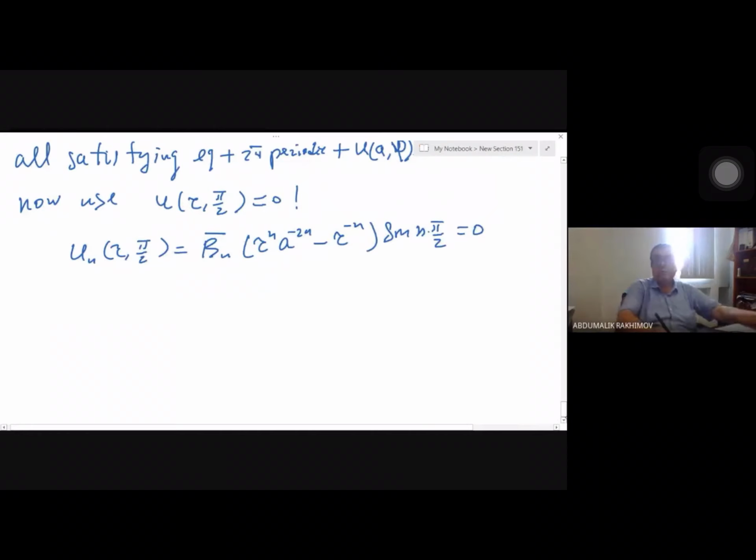So what we conclude from this equality? You see, it's interesting. This is a number. This is a function of r. We don't touch this function. And we have a number here.